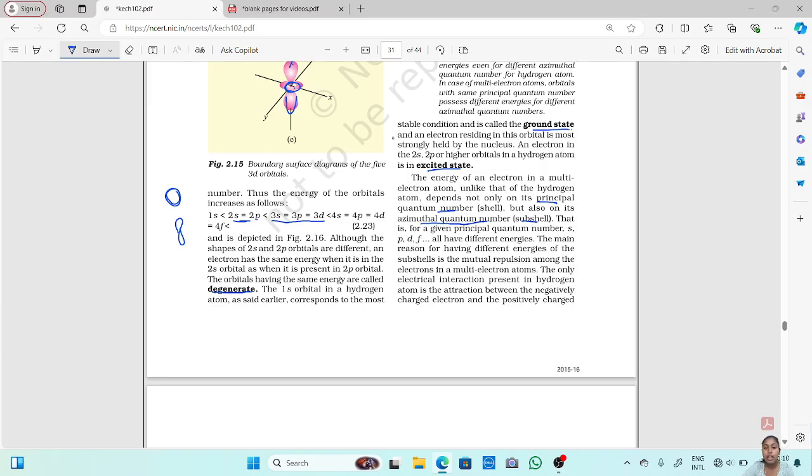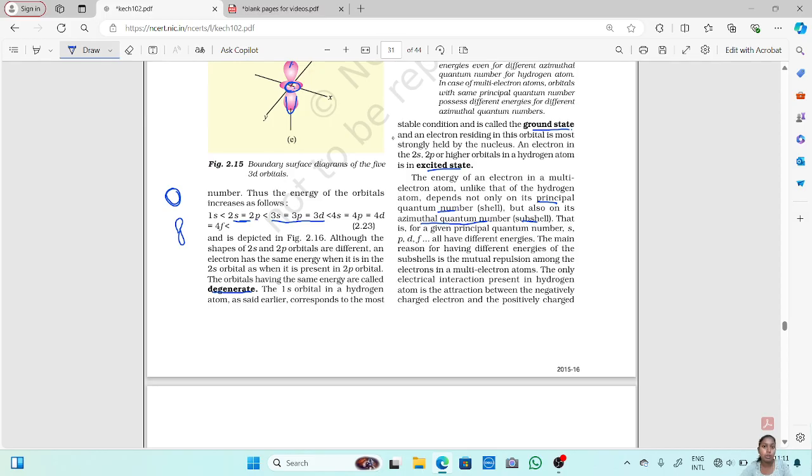The main reason for the different energies of the subshells is the mutual repulsion among the electrons in a multi-electron atom. Why is there a difference from hydrogen? As the number of electrons increases, they are like charges, both negative, so they start repelling each other.